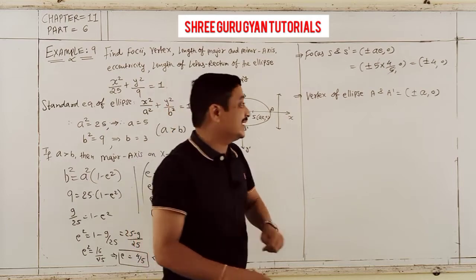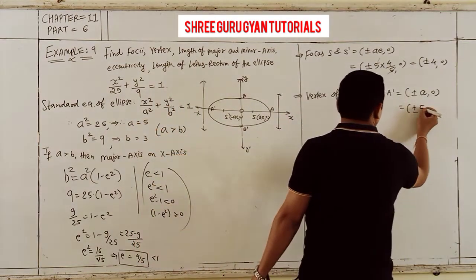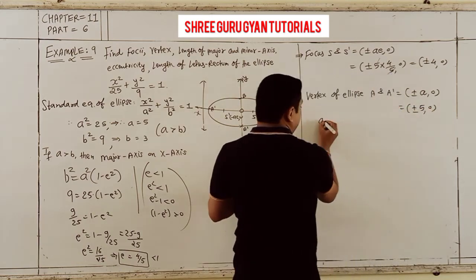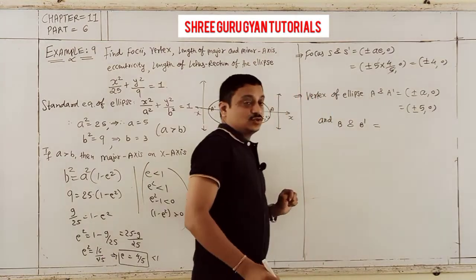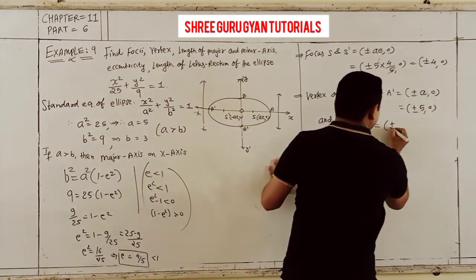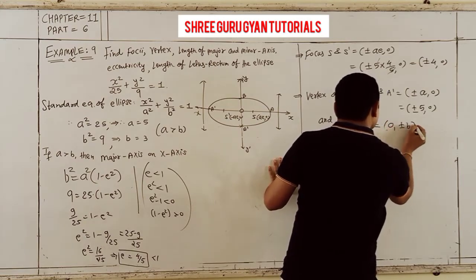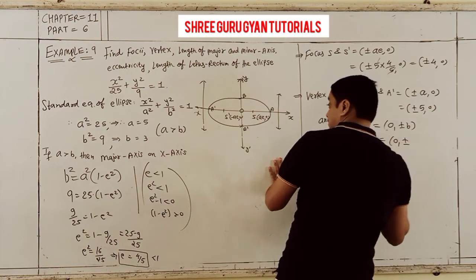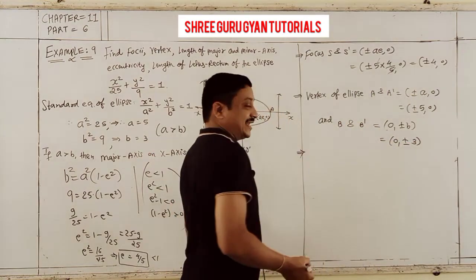Now what is your a? A is 5, same. And B and B dash vertices are along the y-axis, 0 comma plus or minus b, and b you know is 3, and that also finishes our vertices.